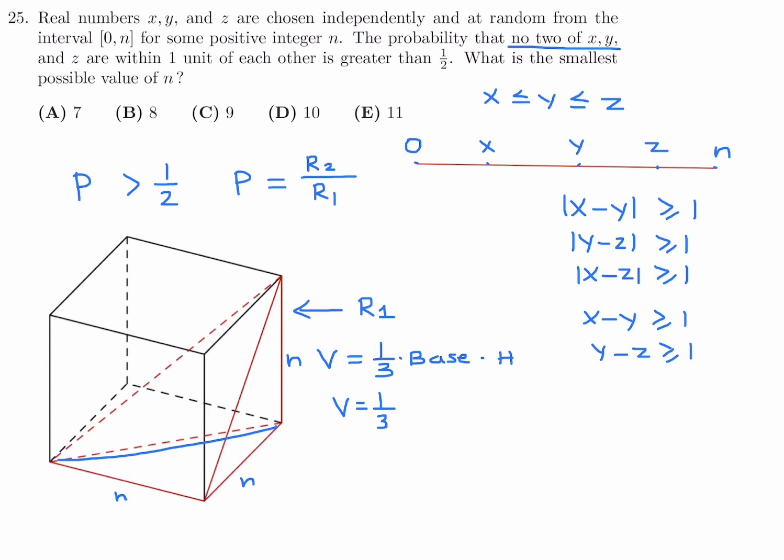So the area of that base is pretty easy to figure out. It's just going to be 1/2 base times height. You can use this as the base, and you can use this as the height. So it's just going to be 1/2 n times n. The height of this tetrahedron is the top to bottom height right there, which is n. So this basically becomes n to the power of 3 over 6. So that is what is R1. n to the power of 3 over 6.